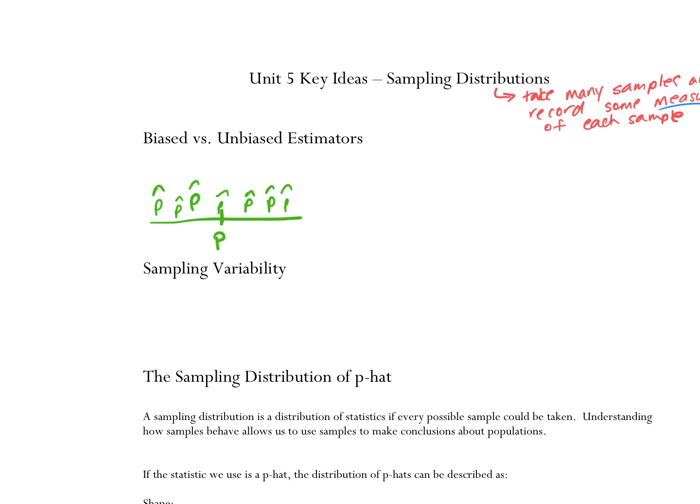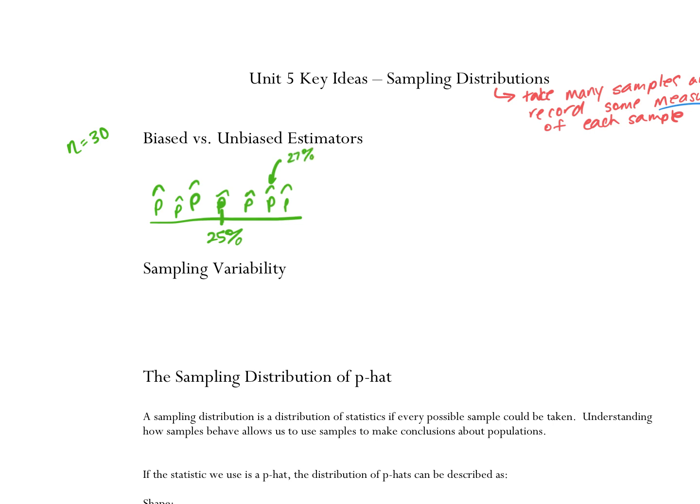So let's say 25% of students are going to get a 5 on the AP exam. It's probably a little bit of a high estimate, but let's just pretend, okay? If I take a sample of 30 students, it could be that in my sample I have, let's say, 27%.